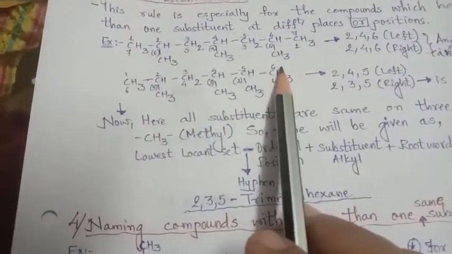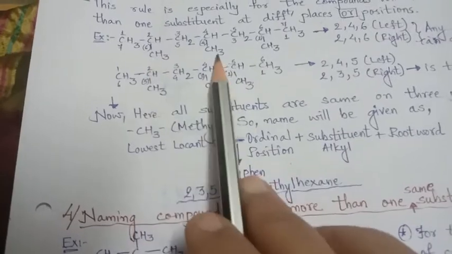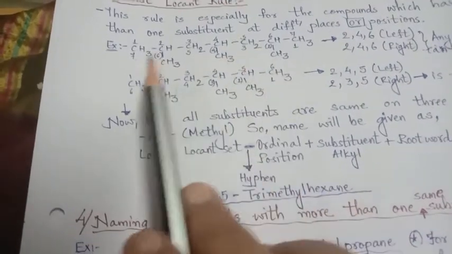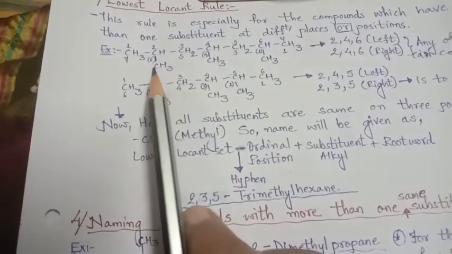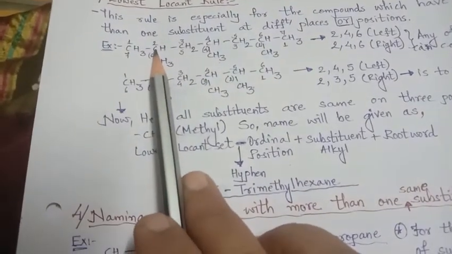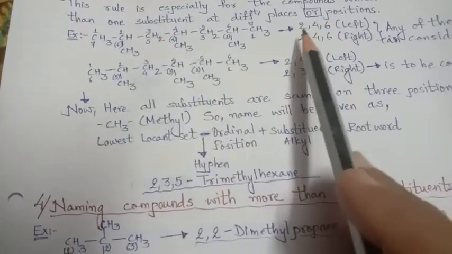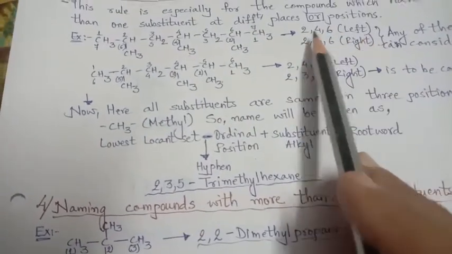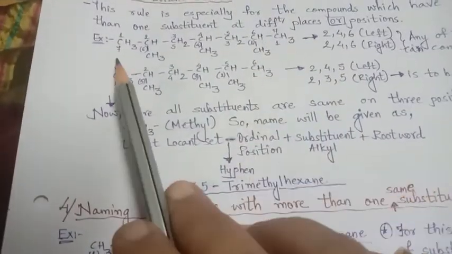But now we will have to see the branches. We can see one methyl branch here, one here and one here. When we go from left to right, the branches are at position 2, position 4 and position 6. Now let us go from the other side.